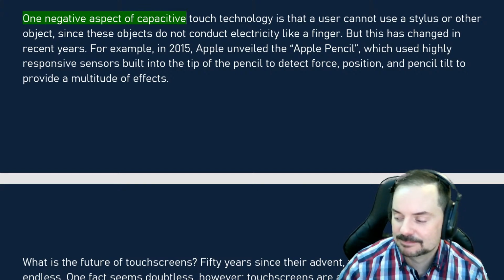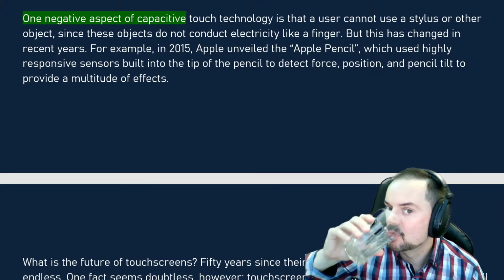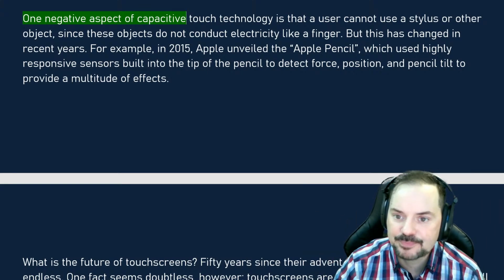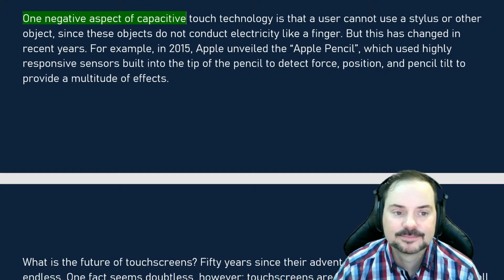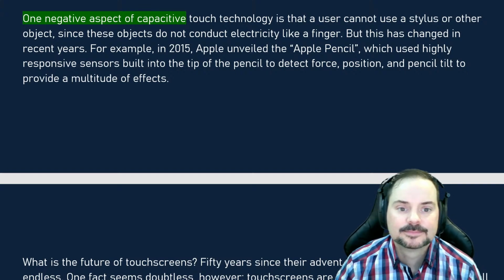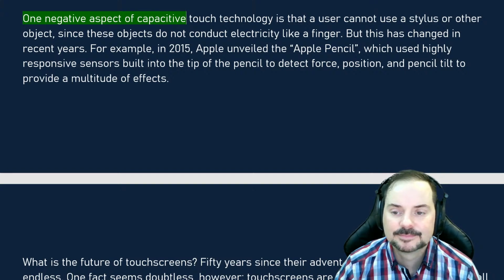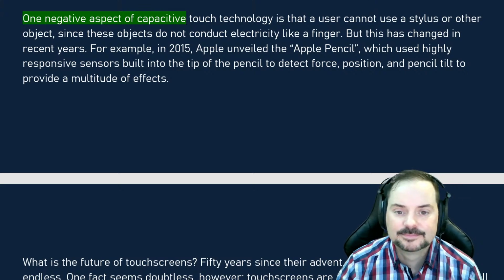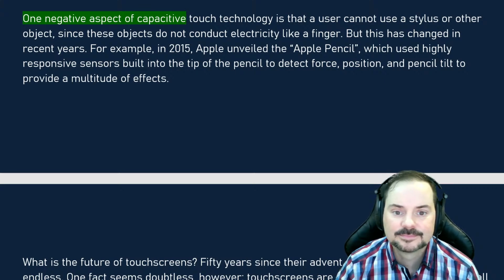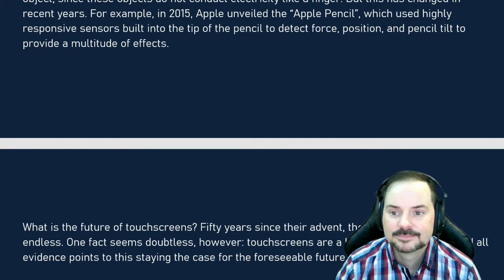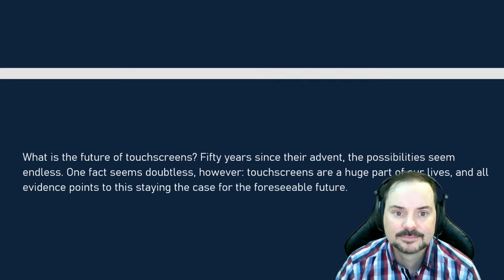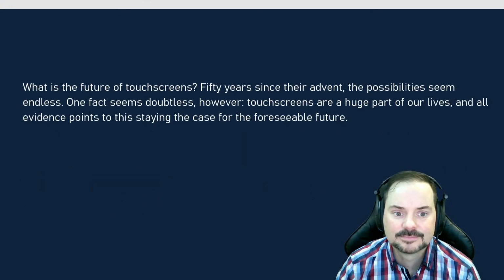One negative aspect of capacitive touch technology is that a user cannot use a stylus or other object, since these objects do not conduct electricity like a finger, but this has changed in recent years. For example, in 2015, Apple unveiled the Apple Pencil, which used highly responsive sensors built into the tip of the pencil to detect force, position, and pencil tilt to provide a multitude of effects.